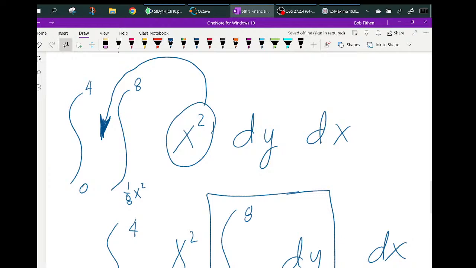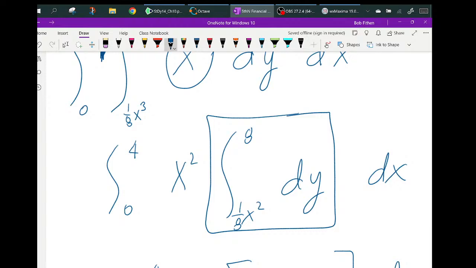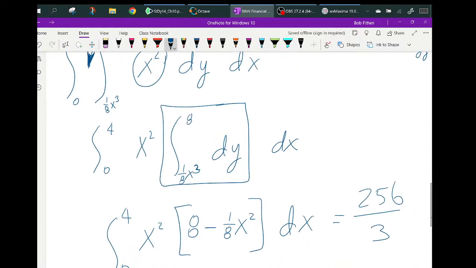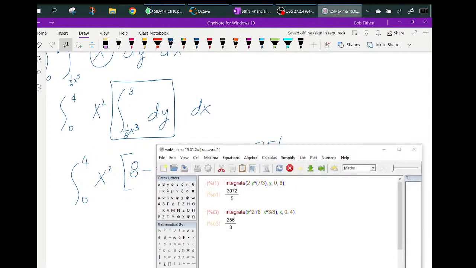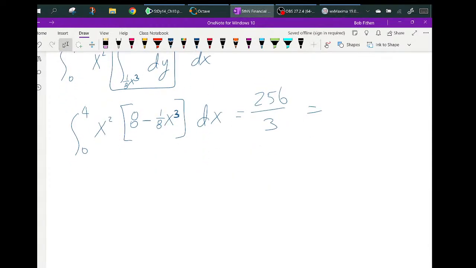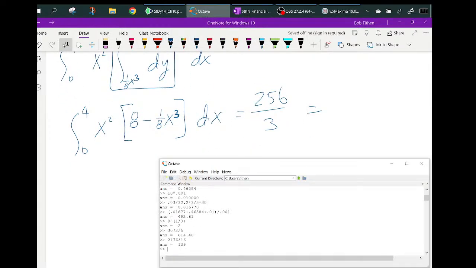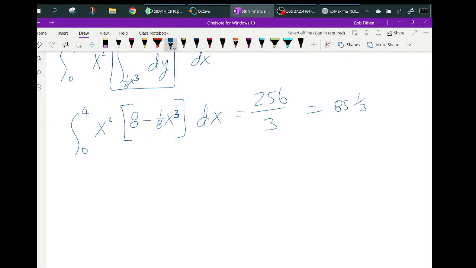So this should be x to the third, and that should be x to the third. And then go back and make sure it's x to the third over 8. Yeah, 256 over 3, which in fact is 85 and a third. Okay, so that's the right answer.